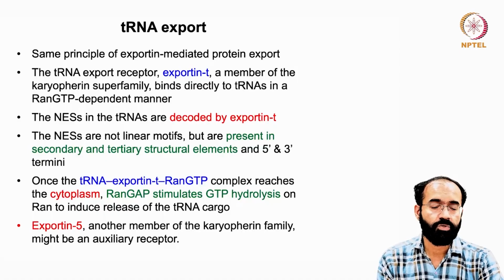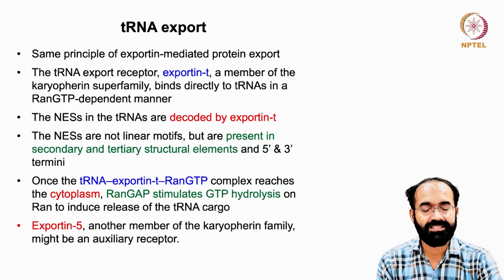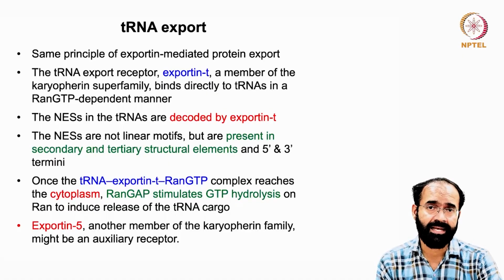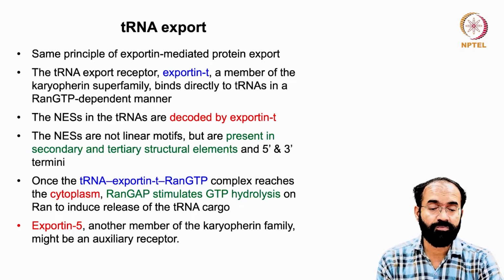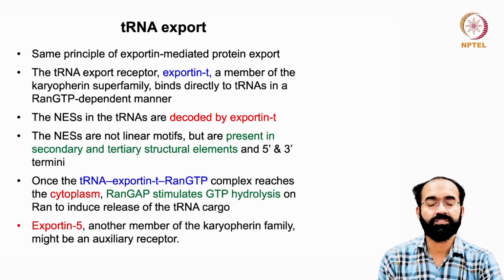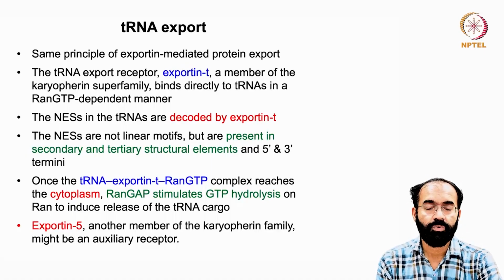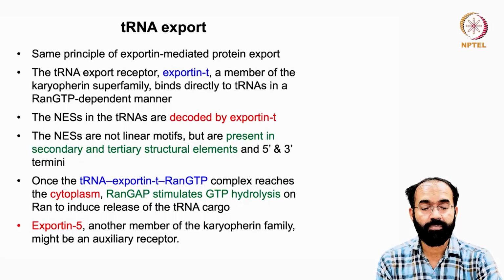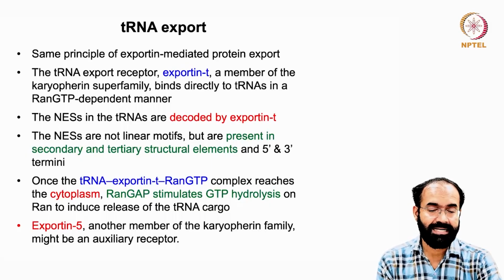The NES, nuclear export signals, are not just a linear motif, not like the U, C, A, U, or the poly A signal which you saw, A, U, A. That is a linear motif, but here it is not like that. They are present in the form of secondary and tertiary structural elements at the 5' and 3' termini. So you should understand that they have a unique dedicated secondary structure that is obvious at the 5' and 3' terminus of this tRNA molecule.